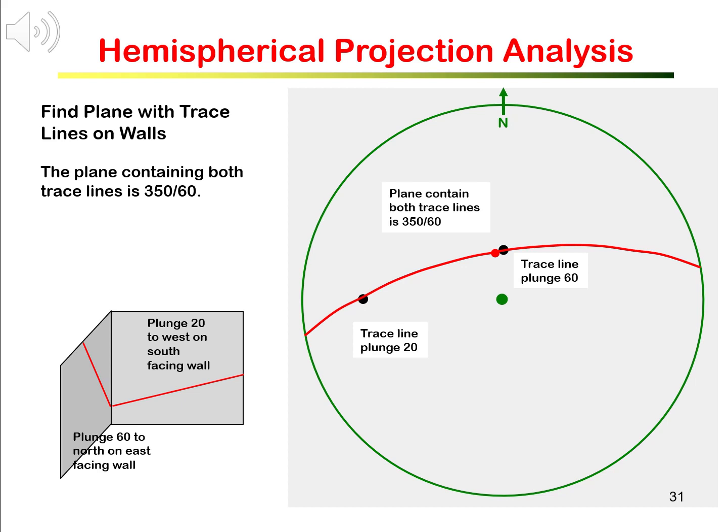You may want to try to reverse the exercise. Knowing the joint plane orientation is 350 and 60, have fun working out what the trace line plunge angles will be on the southeast-facing wall and the northeast-facing wall.